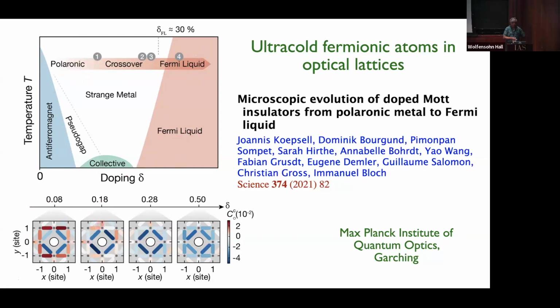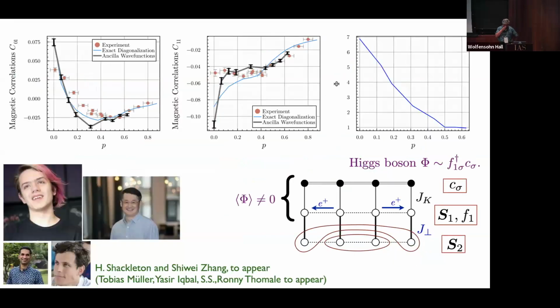Anyway, I'm showing you here results soon to appear by Henry Shackleton and Shiwei Zhang, and there's a parallel paper by a few other people. This is the wave function they work with, where they have a variational parameter phi.